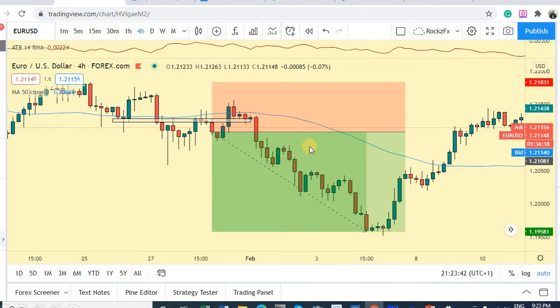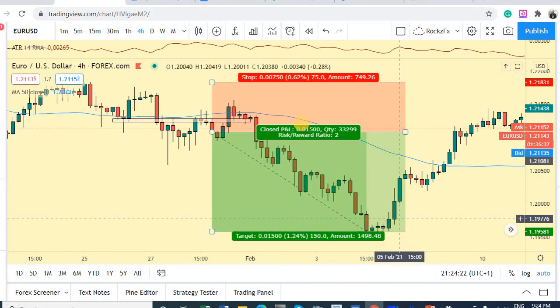Okay, so that's how this trader succeeded in placing the stop loss, and eventually the stop loss in this case is 75 pips, and the target is 150 pips. 150 over 75 will give us 2. That is how we get the risk to reward ratio of 2.